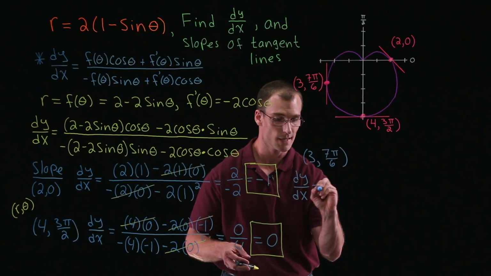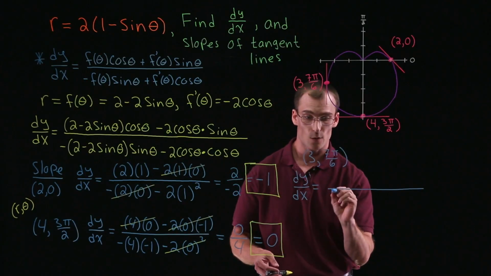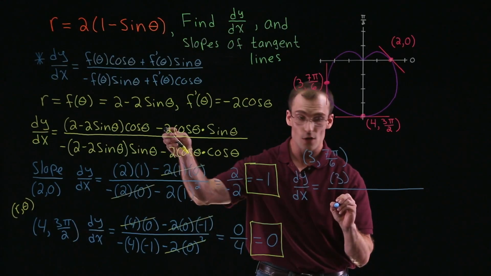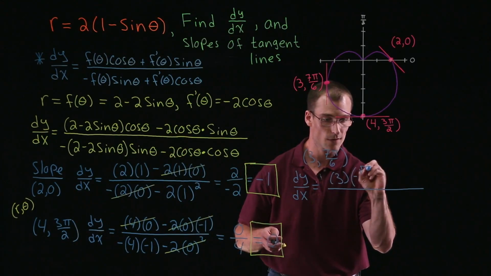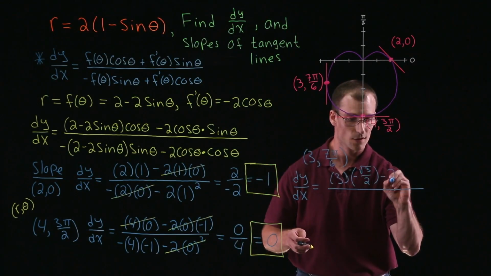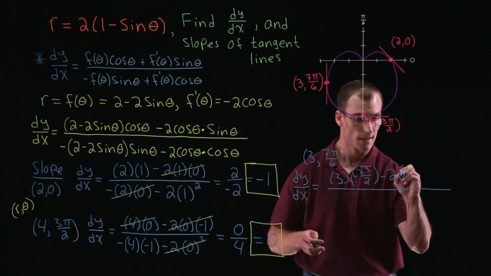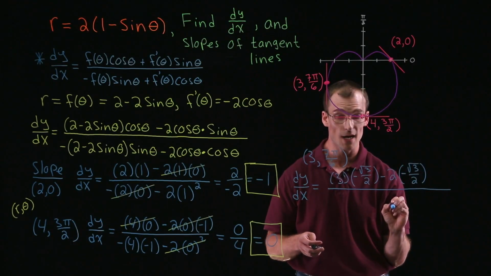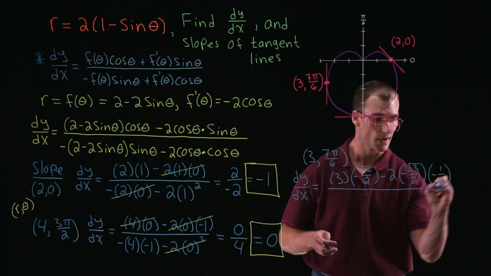So dy dx is going to be equal to, so again, starting with r over 3 times cosine of 7 pi over 6, or negative root 3 over 2, then minus 2 times cosine, again, negative root 3 over 2, times sine at 7 pi over 6, which is negative 1/2.